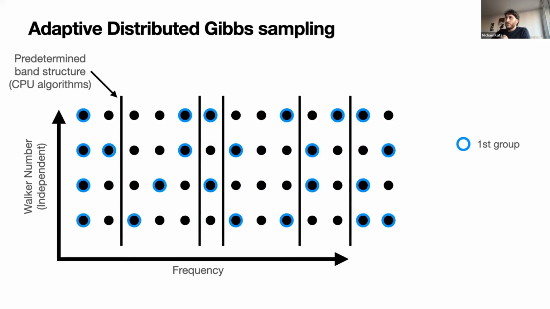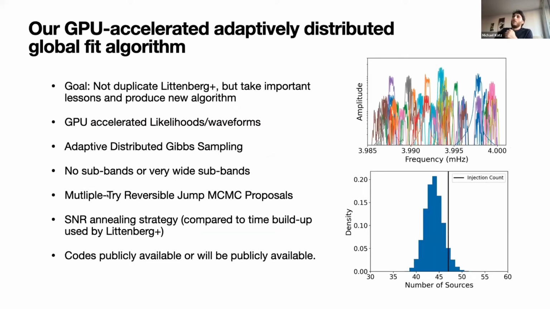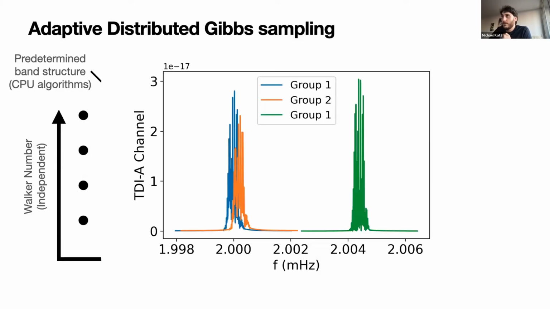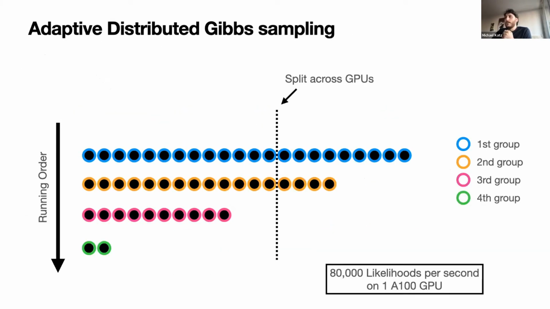As I showed back here, we want to try no subbands or very wide subbands. So this talk from Stas and Tyson about this, we are trying to do this a little bit differently to investigate how running with or without subbands is useful, and where we can leverage that to our advantage with the GPUs.